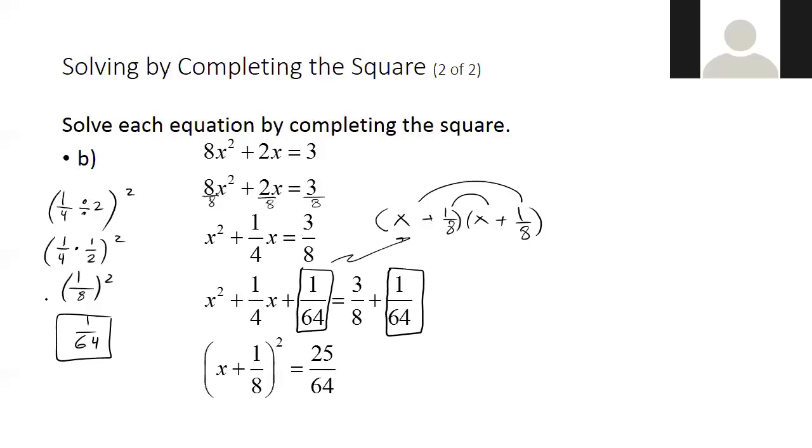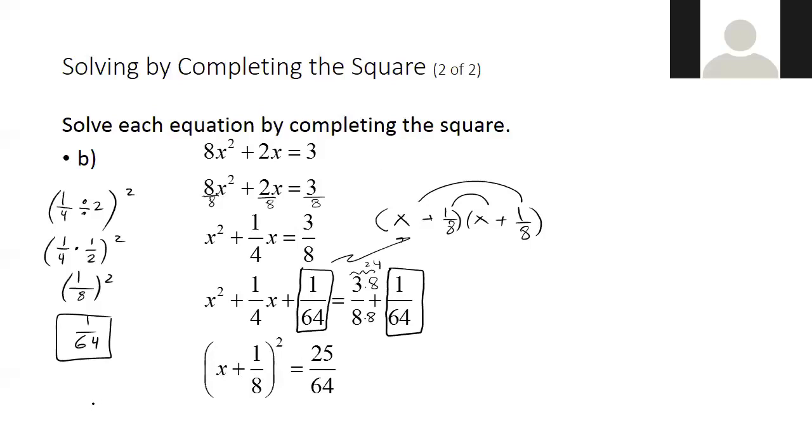If I multiply top and bottom here by 8, multiply this by 8, that would be 24 over 64 plus 1. 24 plus 1 would be 25. Okay? Remember how to add fractions. So x plus 1/8 squared is equal to 25 over 64.